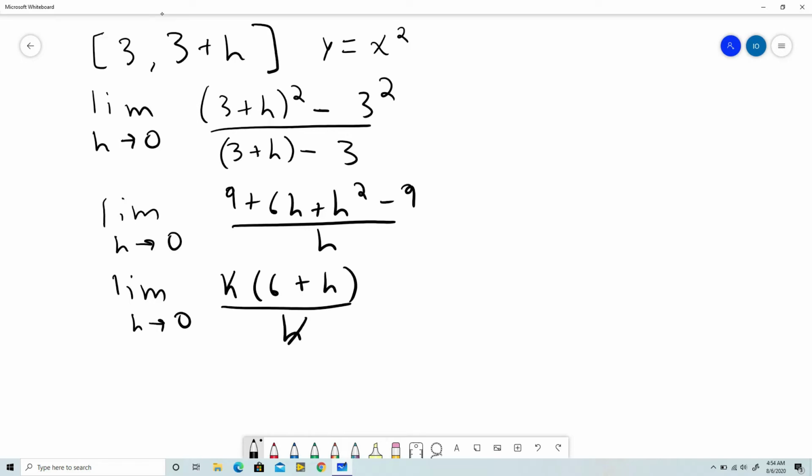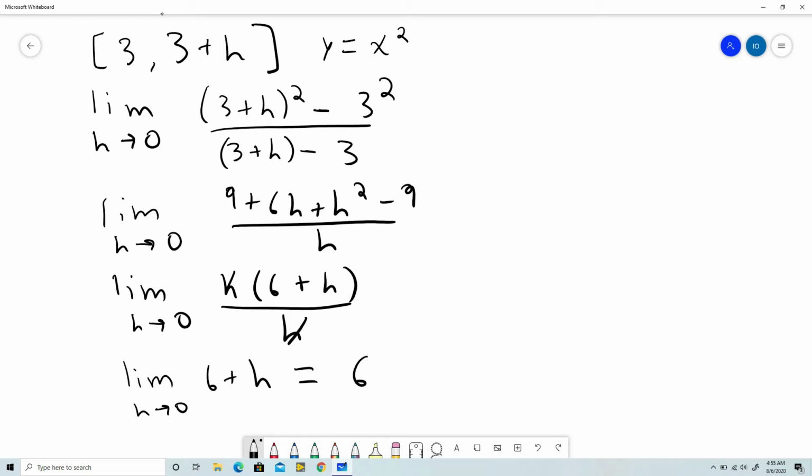Then remember, we can cancel out the h's because we are dealing with limits. So h never really equals 0, it's just approaching 0. So you get the limit as h goes to 0 of 6 plus h. You just plug in 0 into 6 plus h, and the answer should be 6.